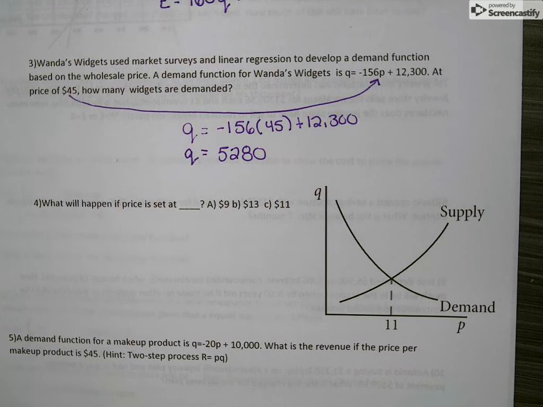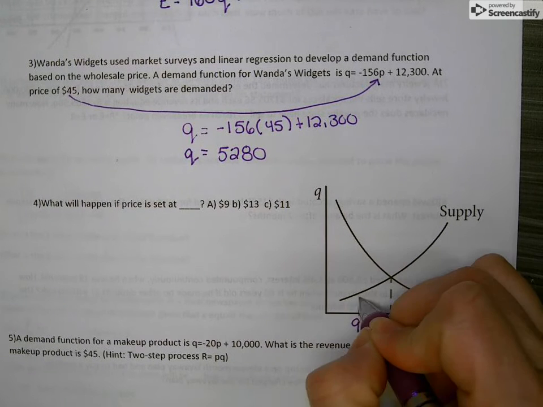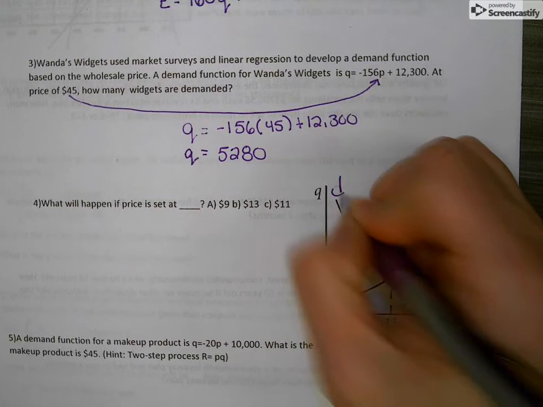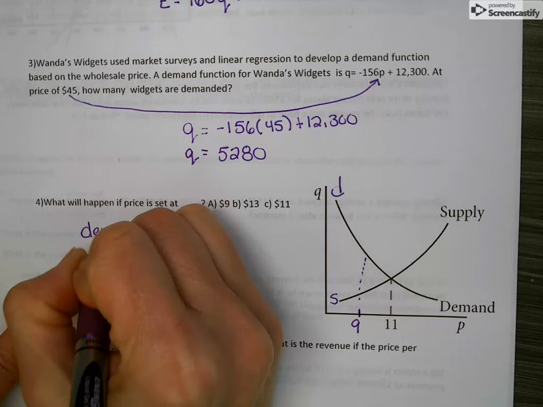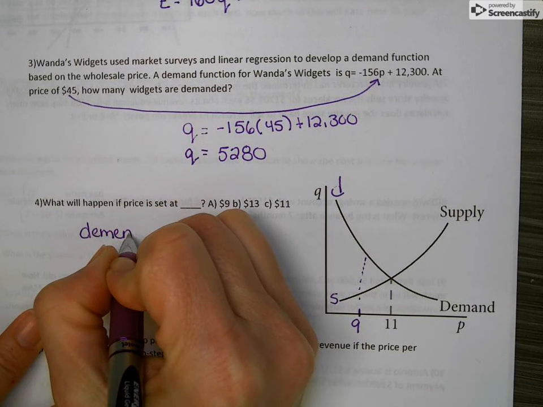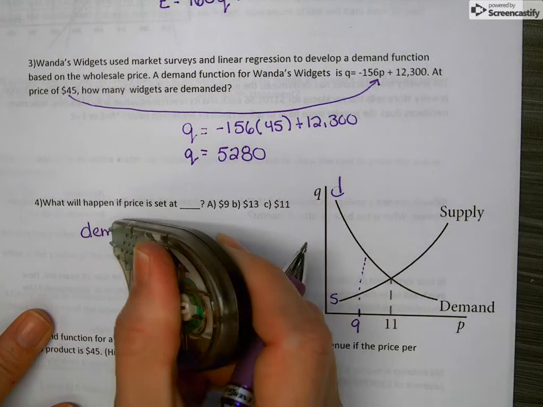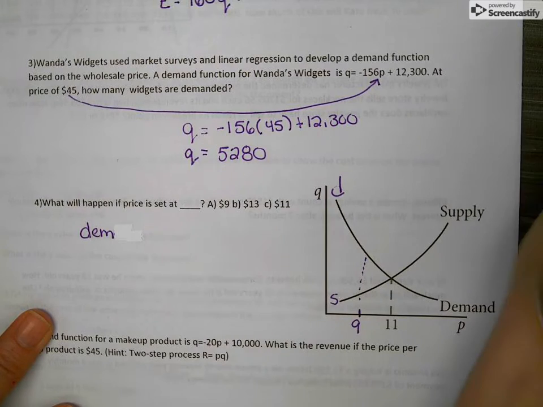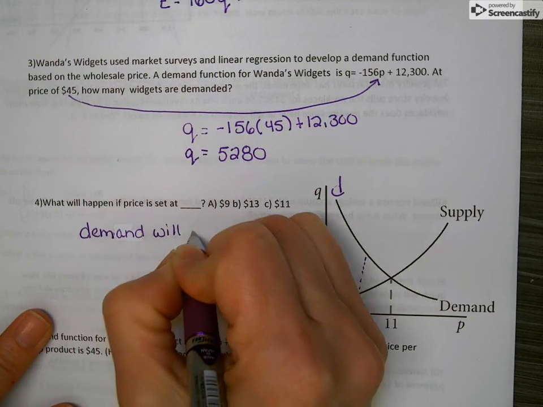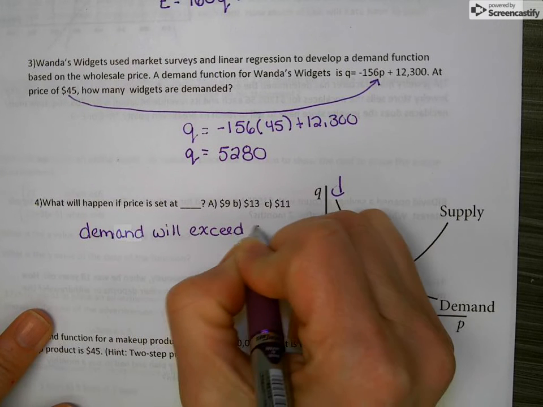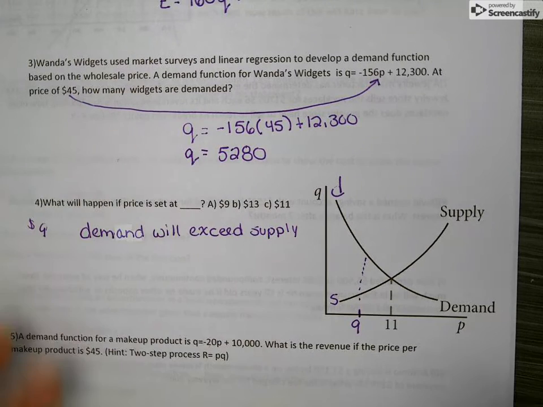What will happen if the price is set at $9? Well, if it's set at $9, then my demand will exceed supply. So demand will exceed supply, and this is at $9.